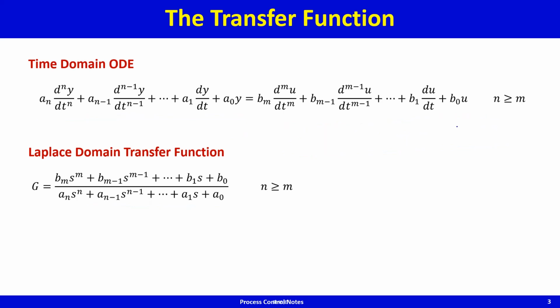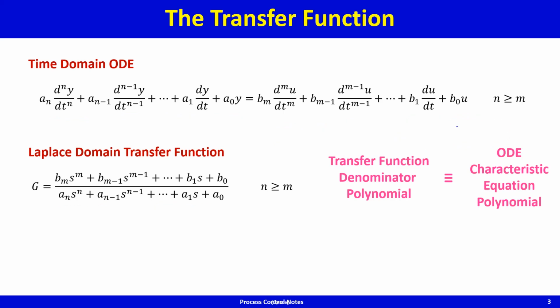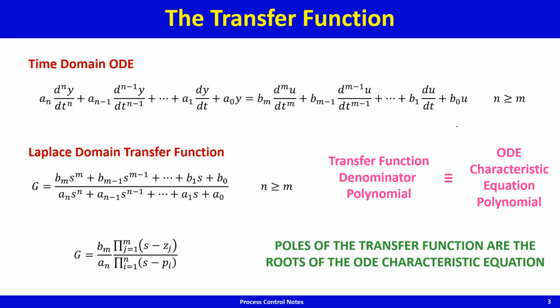So what we have is that the transfer function denominator polynomial is the same as the characteristic equation polynomial of the governing ODE, the ODE that relates an output to an input. Now if you have factorized the numerator and denominator polynomials, then you can see that the poles of the transfer function are the roots of the ODE characteristic equation.